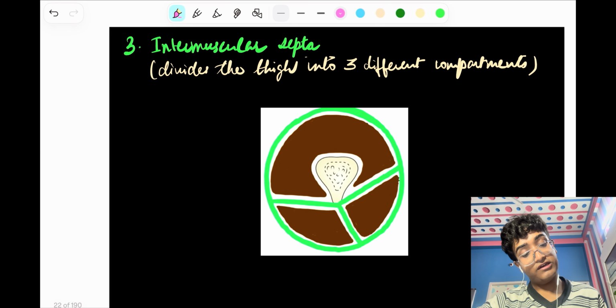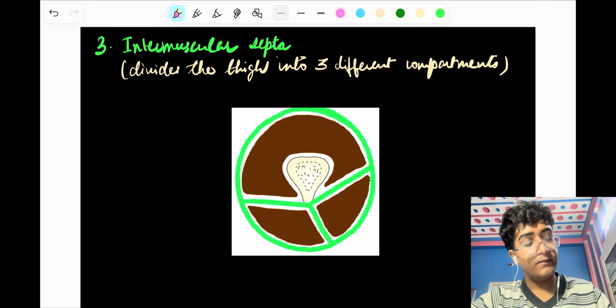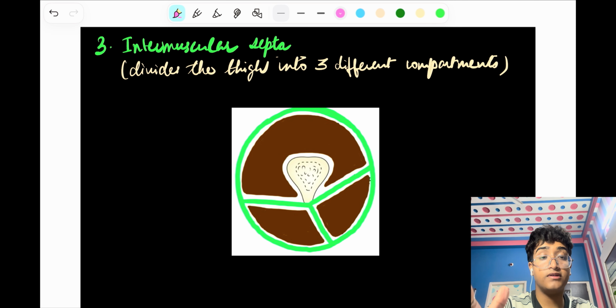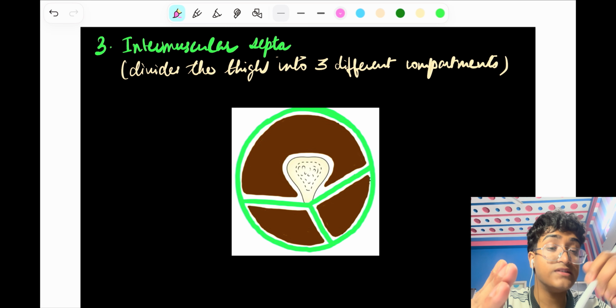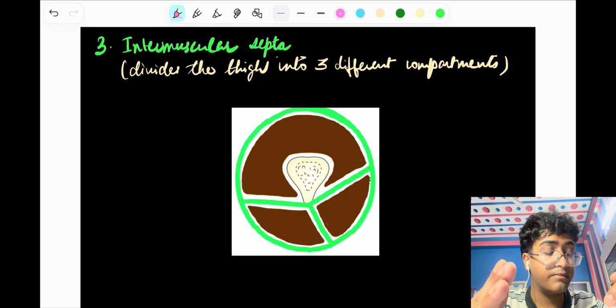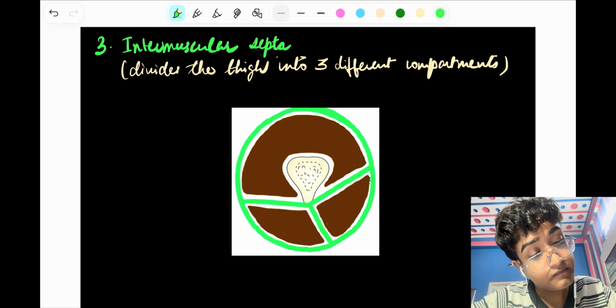Next, the next modification of the deep fascia is the intermuscular septa. What is the intermuscular septa? The intermuscular septa is the septa which divides the muscles of the thigh into different compartments. See, this is the anterior.